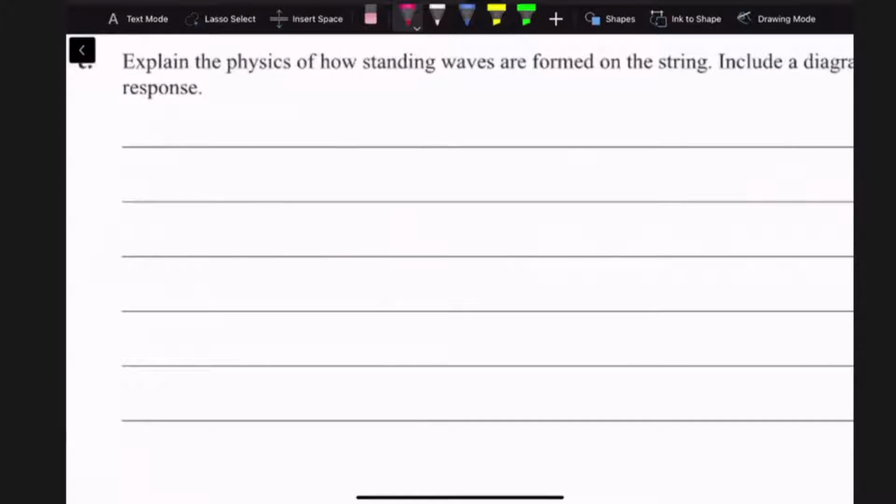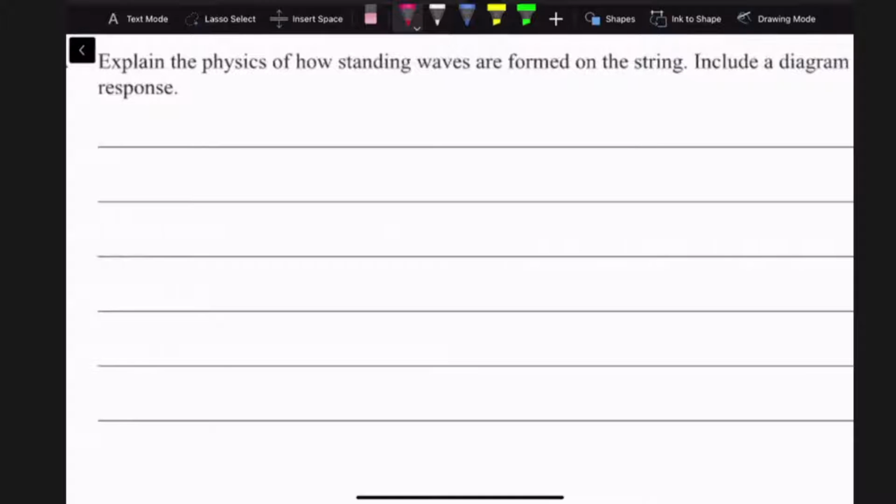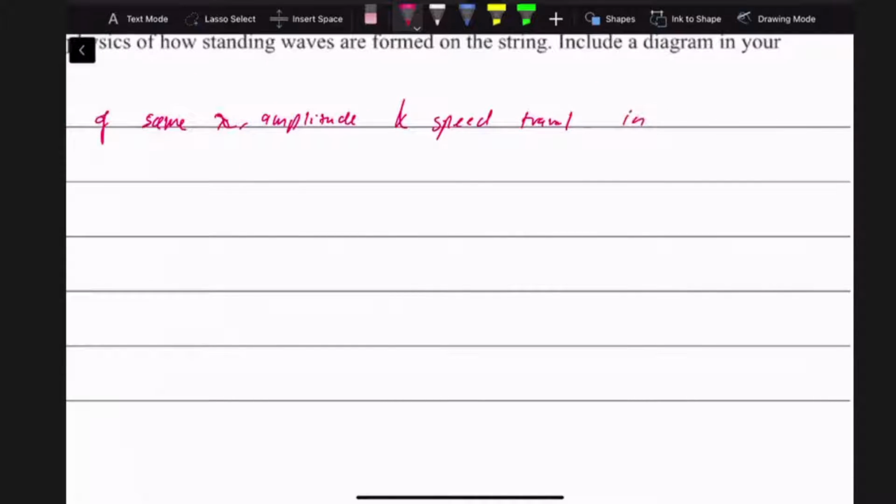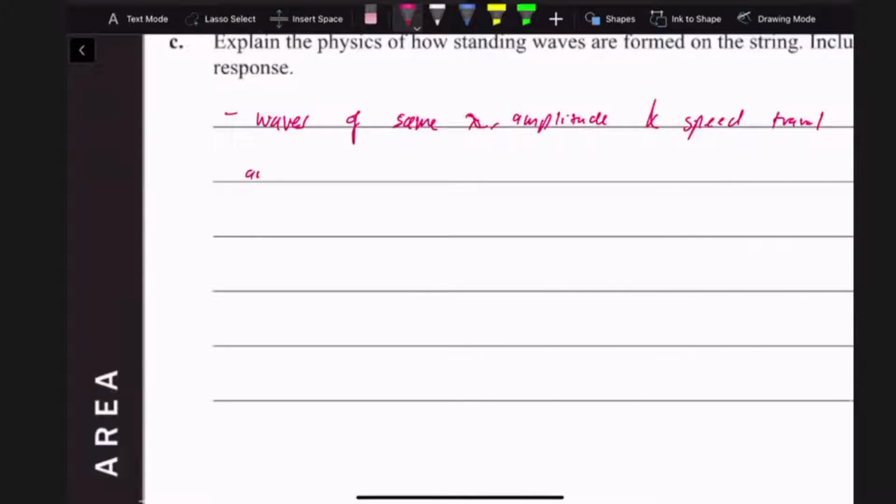So I started by talking about the requirements of the 2 waves, but I don't think the answers did, but I'll just write what I wrote. So we need 2 waves of same wavelength, amplitude, and speed, travel in opposite directions to each other, and reflect at ends of the string.